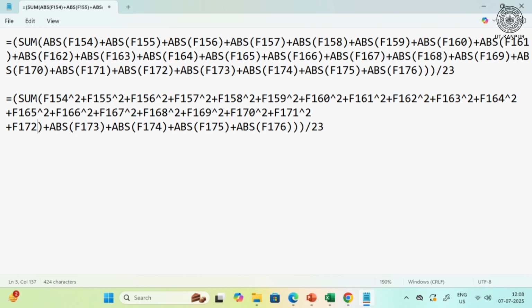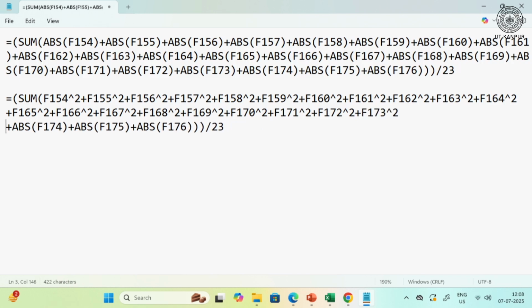So, I am going to find out the square of cell number 171, 172 already done, sorry, 173 already done, 174 done, done means square done, 176.